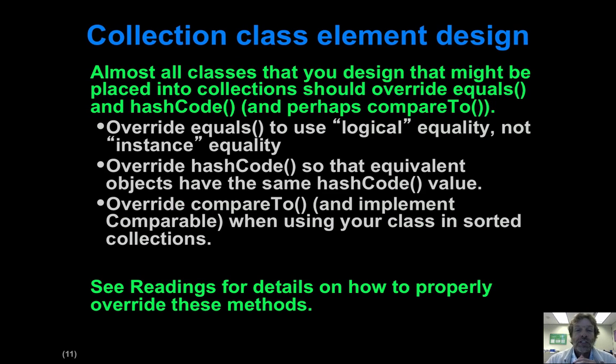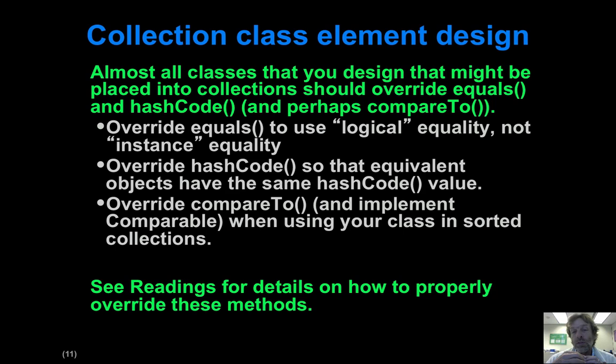It turns out that when you define collections, you will need to override equals and hash code, and then sometimes if it's an ordered list, you're going to have to override compareTo.